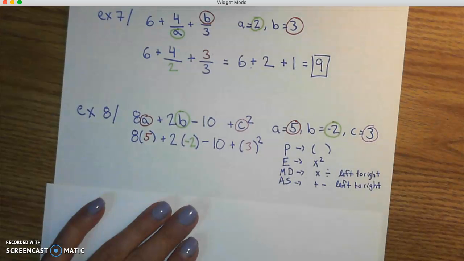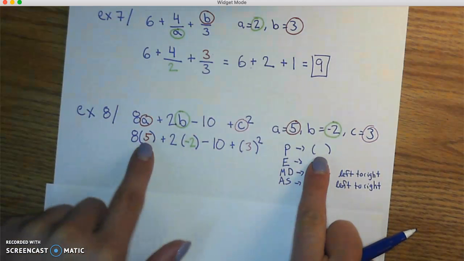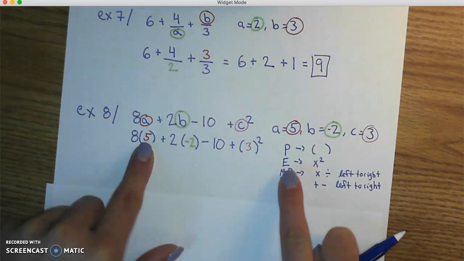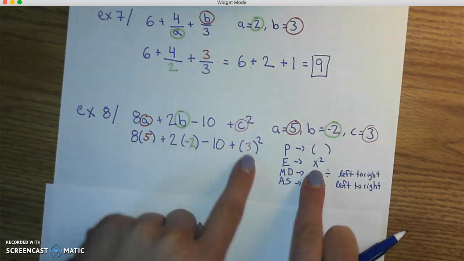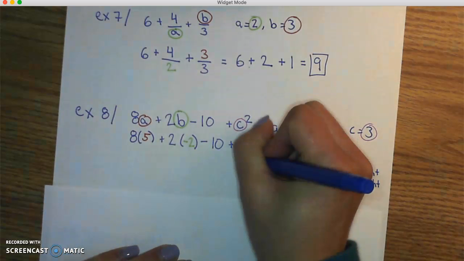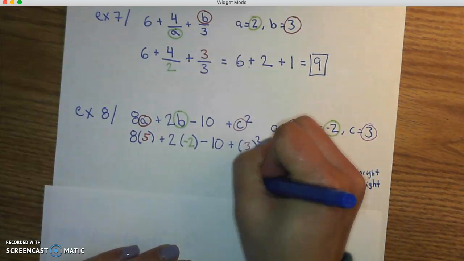So let's see. I do have parentheses, but these parentheses are all about multiplying. So my first is going to be my exponent right here, 3 squared. This really just means 3 times 3. 3 times 3 is 9.